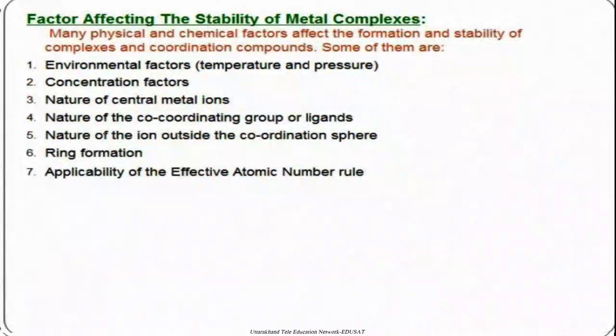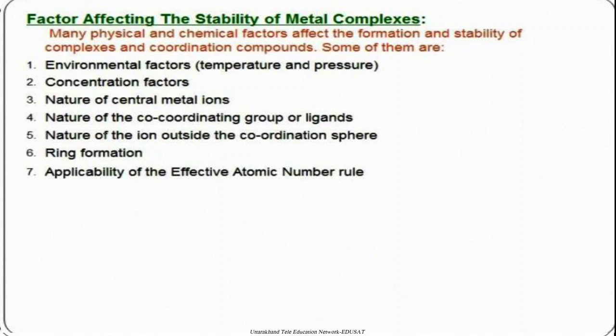Now, the next topic is factors affecting the stability of metal complexes. Many physical and chemical factors affect the formation and stability of complexes and coordination compounds. Some of them are: number 1, environmental factors, that is temperature and pressure. Number 2, concentration factors.